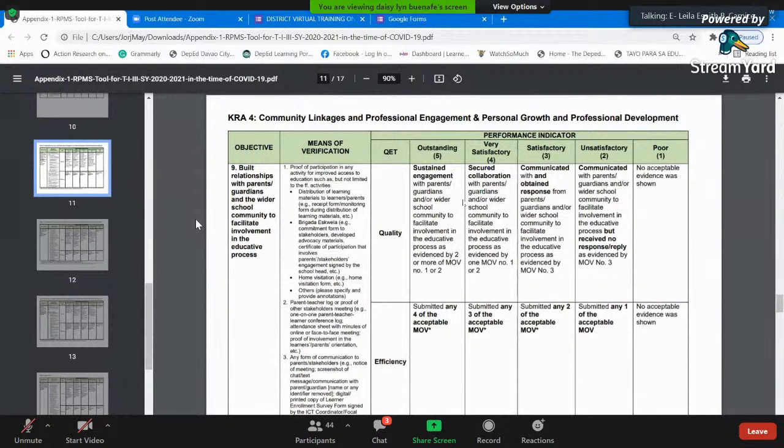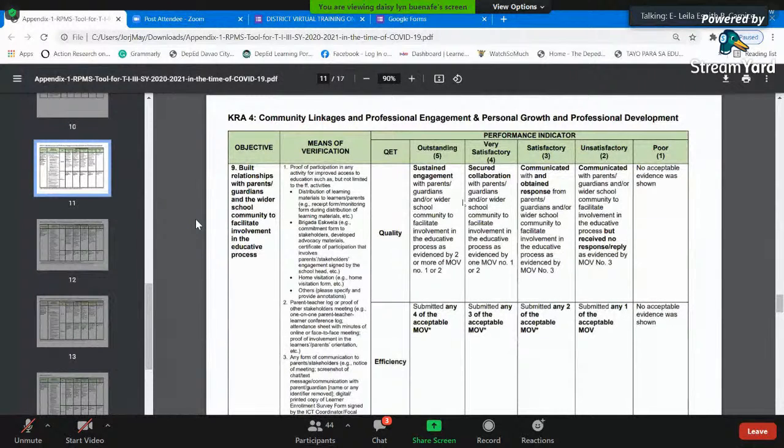Next, number 3, any form of communication to parent stakeholders. Notice of meeting, screenshot of chat, text messages, communication with parents, guardian, name or identifier removed. Kung may picture, i-remove daw ang mga picture sa name para protection.